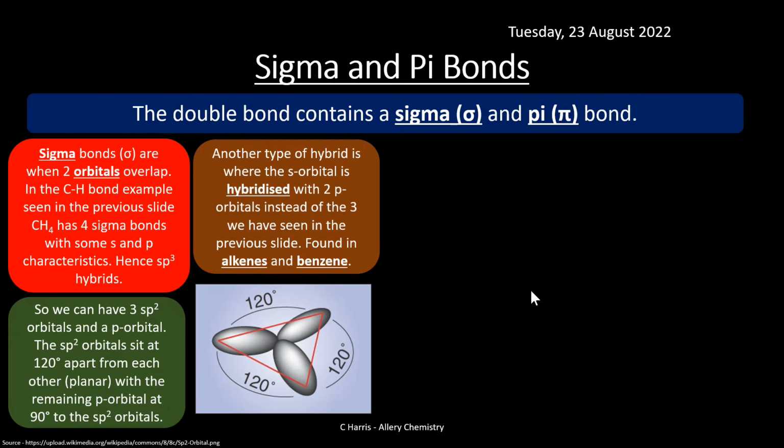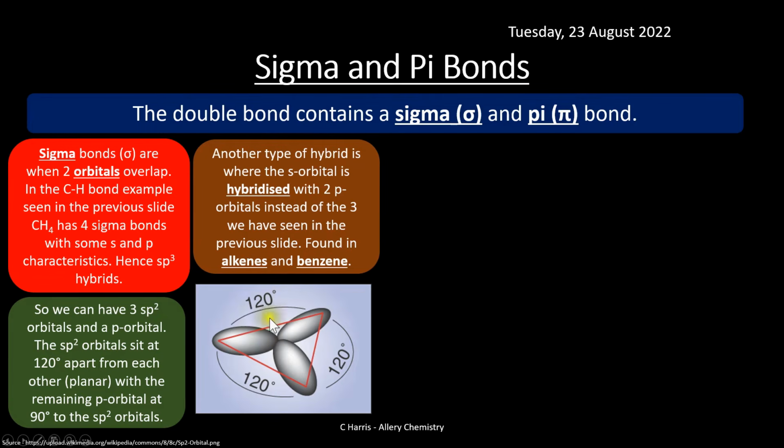Okay, so we have these three sp2 orbitals, and these three sit at 120 degrees apart from each other, and they form this planar structure. Now the remaining p orbital will sit at 90 degrees. So imagine this sticking out at the top here and then below like that.